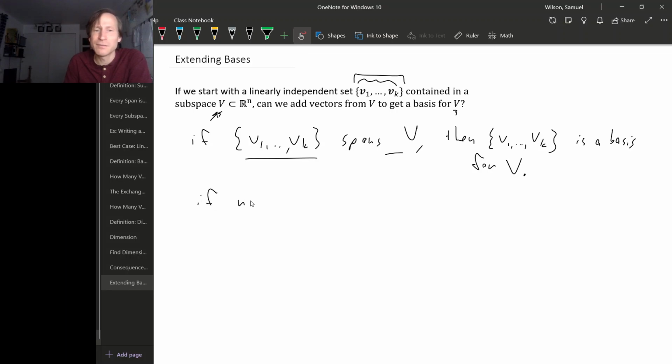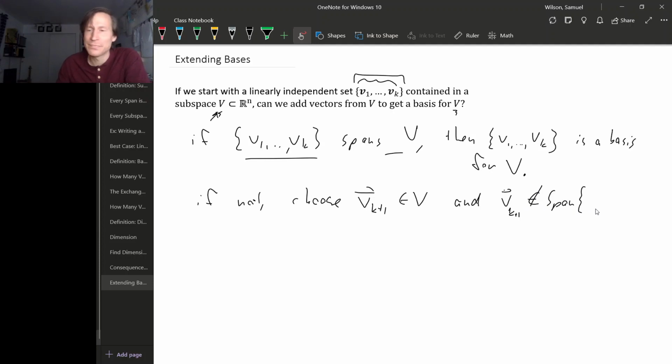If not, we can choose some non-zero vector, we'll call it v sub k plus 1, that's in V, and here's the important part, this new vector that we're choosing is not in the span of the previous vectors.